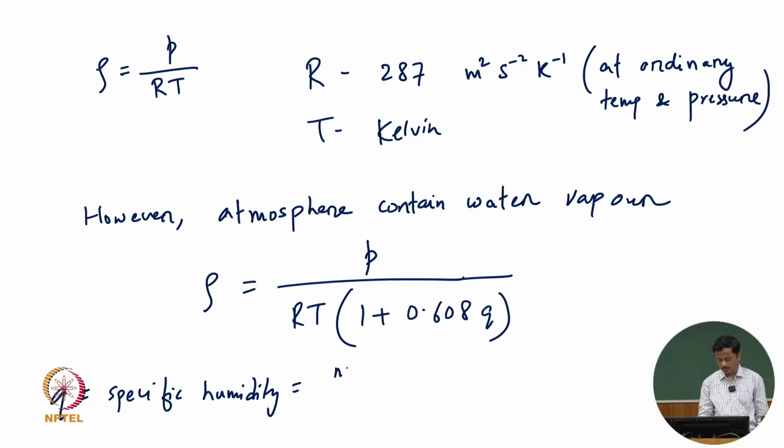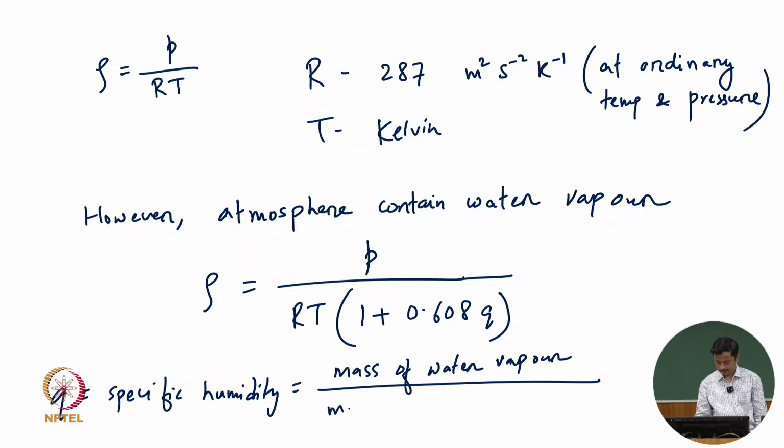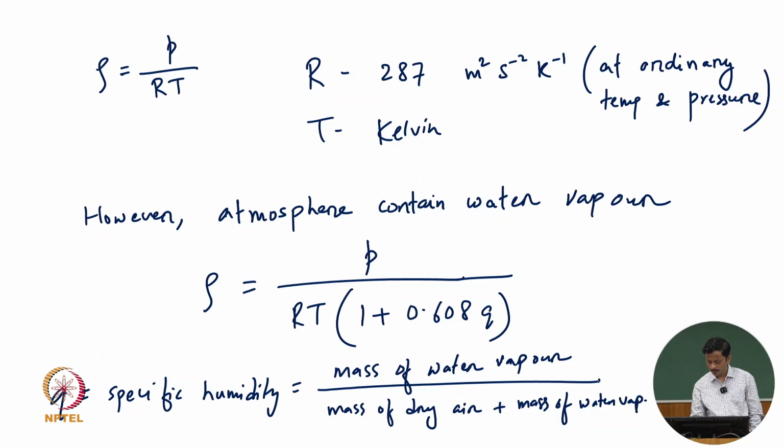This is the mass of water vapor divided by the mass of dry air plus the mass of water vapor.